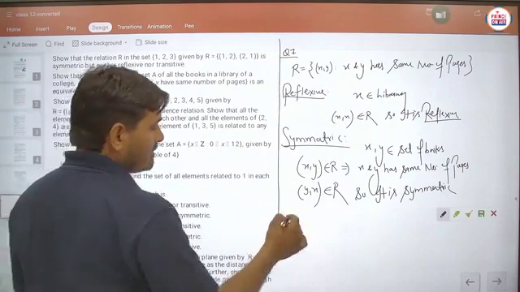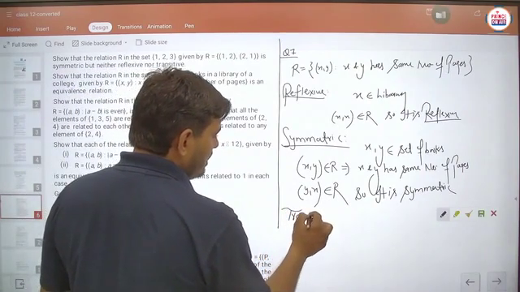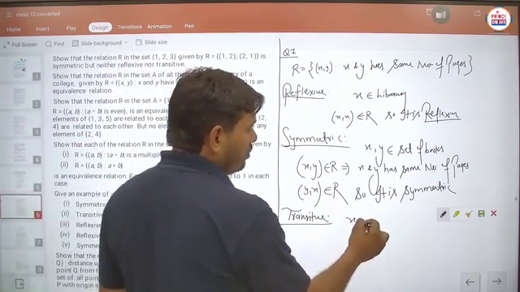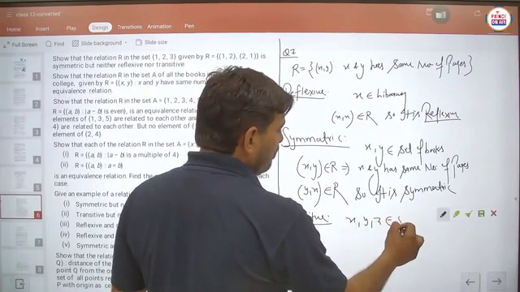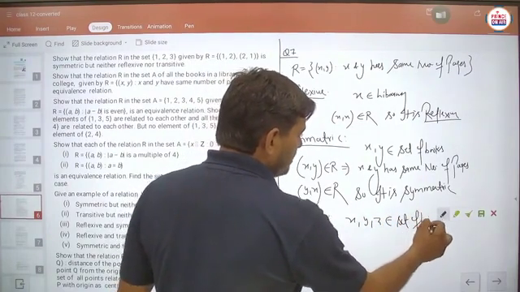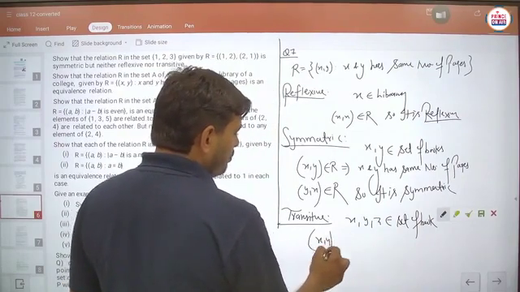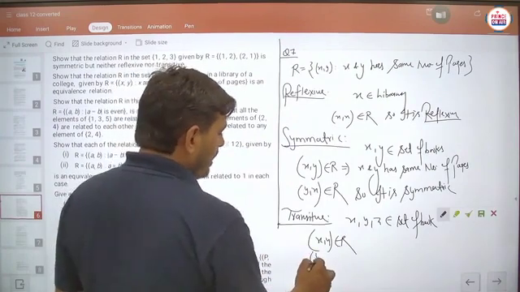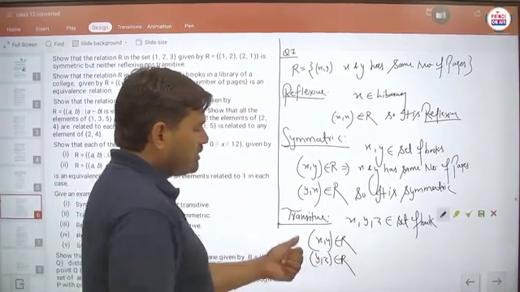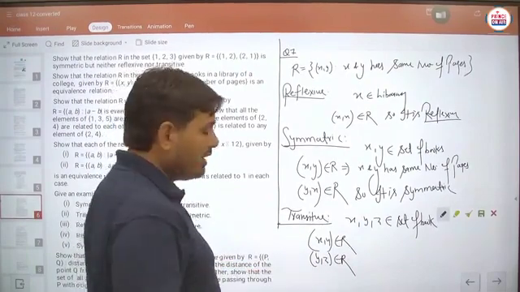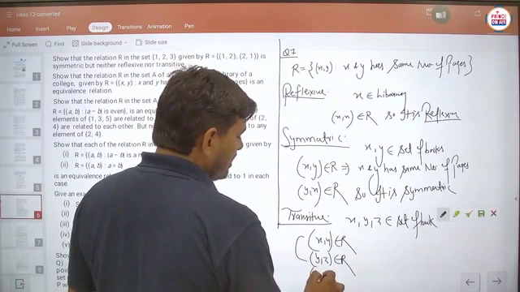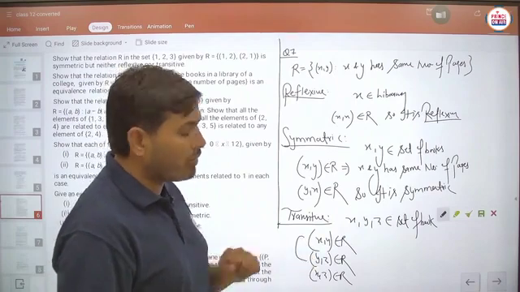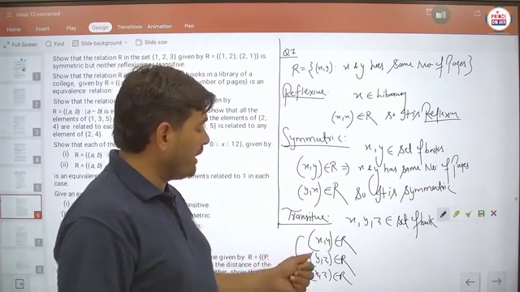The last one we have to check is the transitive. Easily, students, for the transitive nature we have to take three books X, Y, Z belonging to the set of books in a library, so that X, Y belongs to R, meaning the number of pages in X equals the number of pages in Y. Similarly, Y, Z belongs to R, meaning the number of pages in Y equals the number of pages in Z. Then definitely X, Z also belongs to R, because if this book has 200 pages, then it is 200, it is 200, then it is 200.